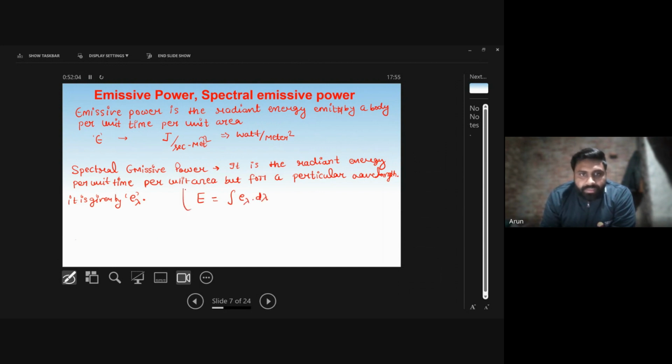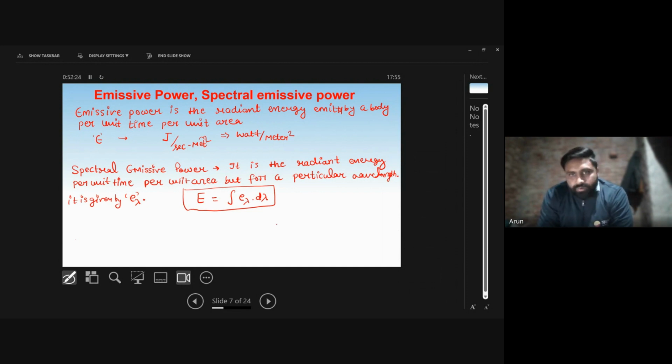So if you take the sum of all the possible values of spectral emissive power, then you have the value of the entire emissive power by that body. So spectral is for one particular wavelength.